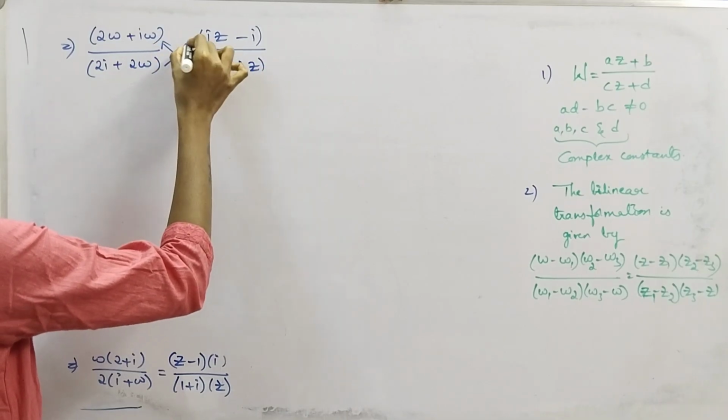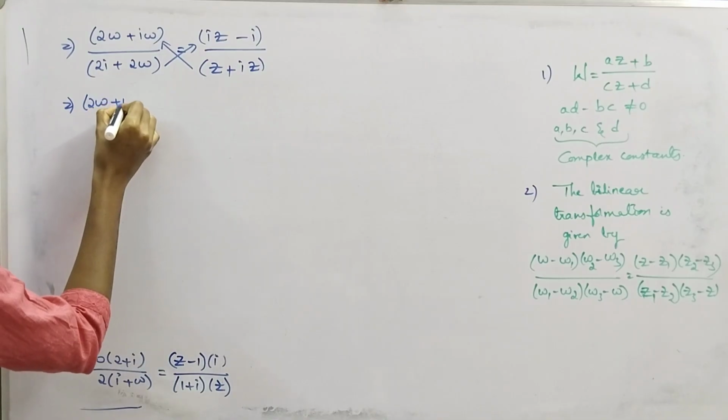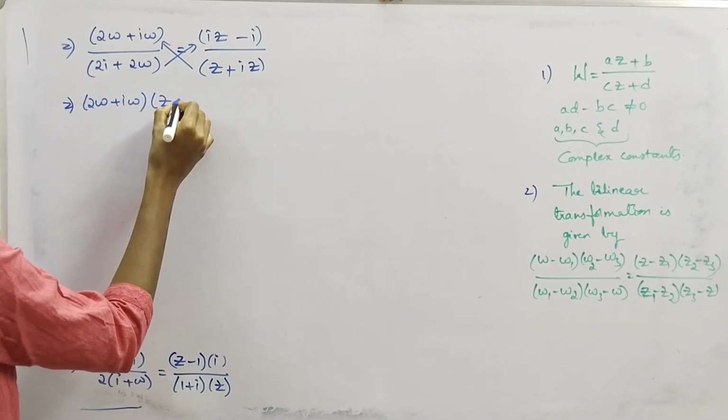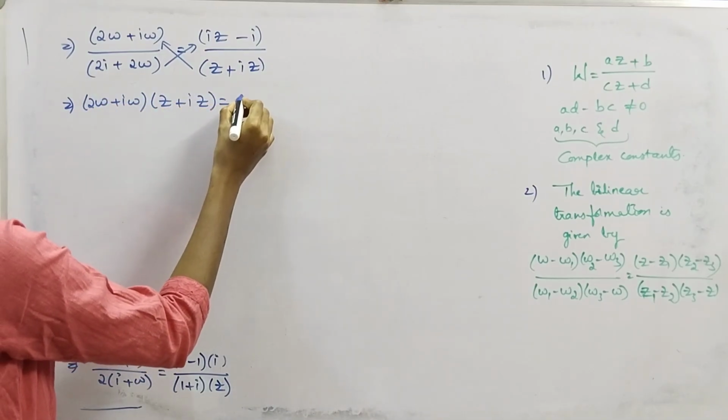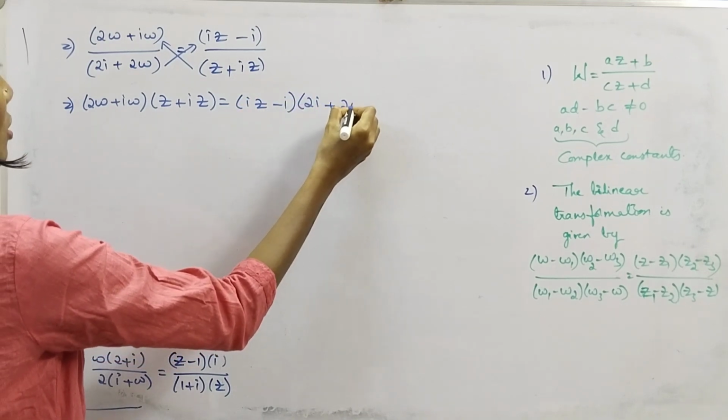Now make a cross multiplication. You'll get (2 omega plus i omega) into (z plus iz) equal to (iz minus i) into (2i plus 2 omega).